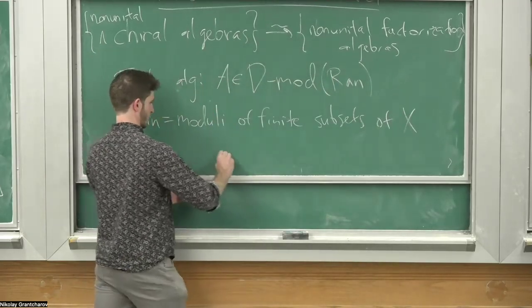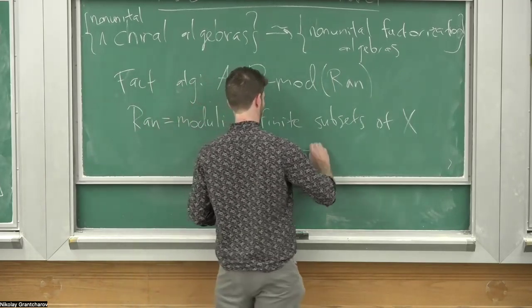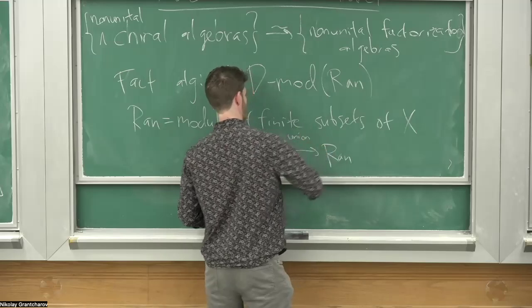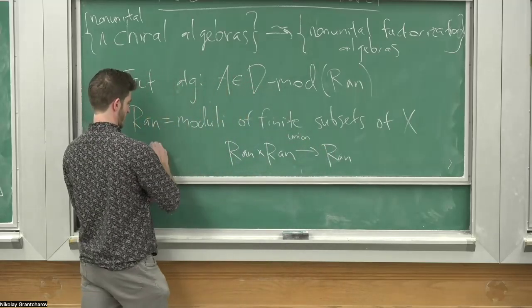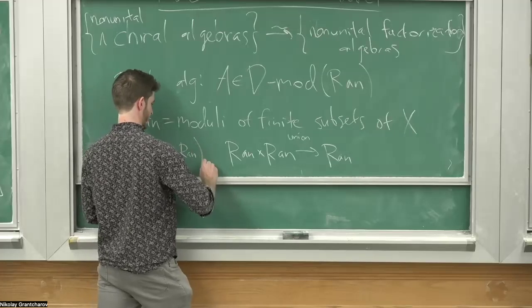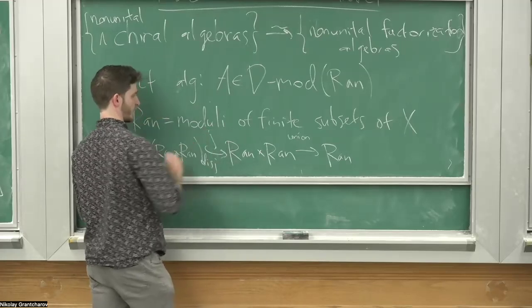And Ran comes with this operation of union. And I can also consider just those pairs of subsets that are disjoint from one another. Call that inclusion j.